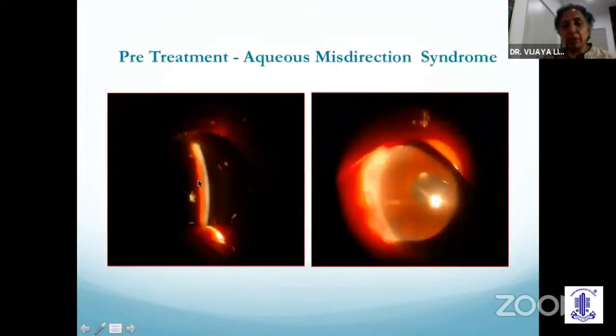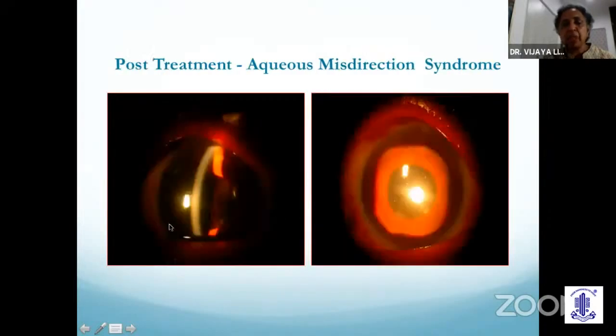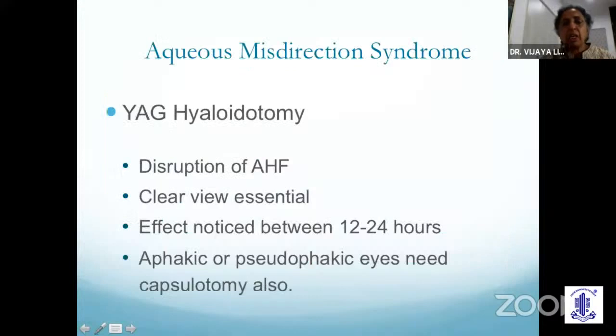This is an example of an eye that responded to the mydriatic therapy. You can see axial shallowing, a flat anterior chamber. With the treatment, how beautifully the anterior chamber has formed and things have stabilized. Coming to the hyaloidectomy, because the vitreous becomes impermeable, there is a need to disrupt the anterior hyaloid phase.